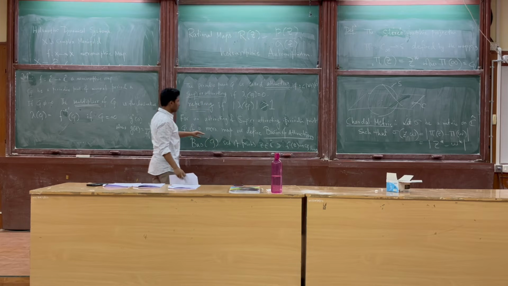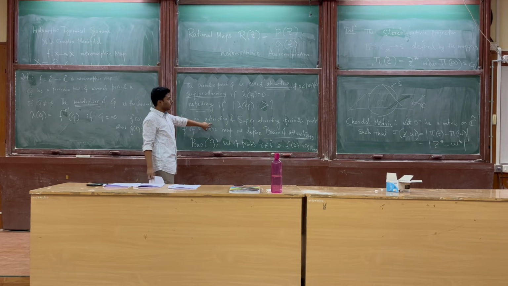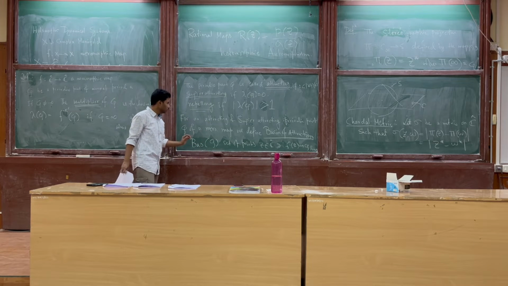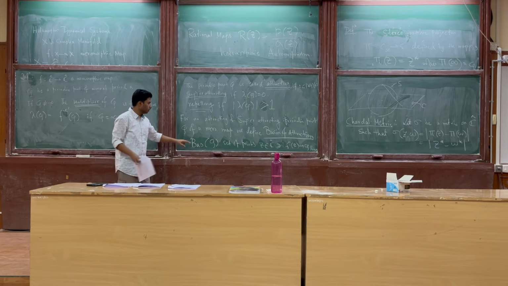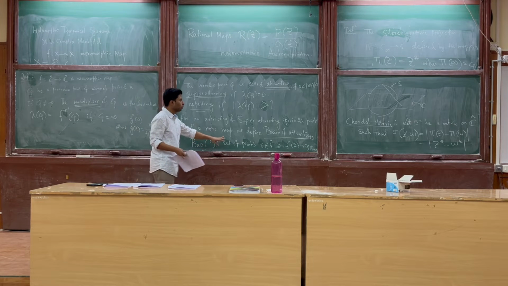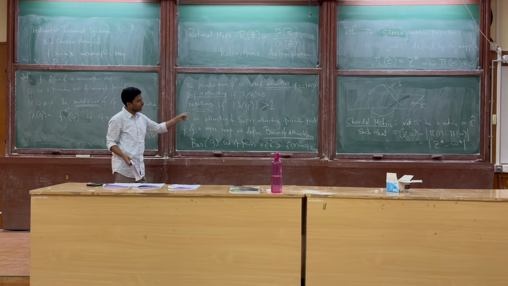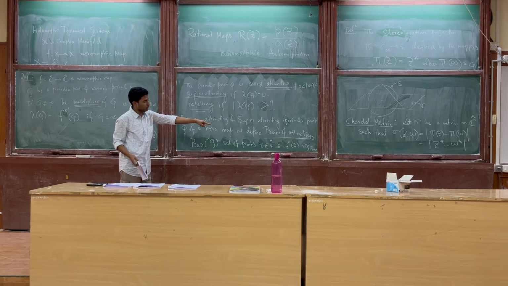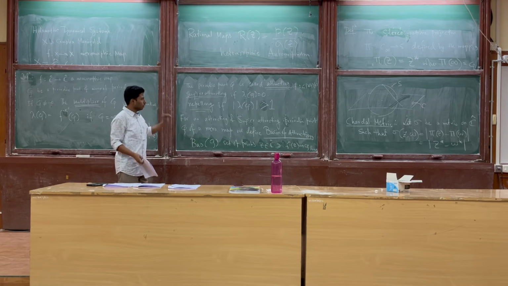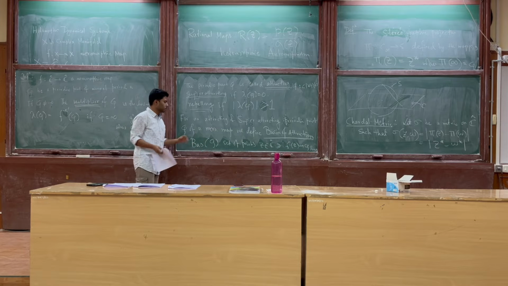So what is the basin of attraction? We have an attracting or super attracting periodic point. The basin of zeta is the set of points z in C hat such that whenever we apply f on z repeatedly, it goes to zeta as n tends to infinity. Okay, this is simply called the basin of attraction.